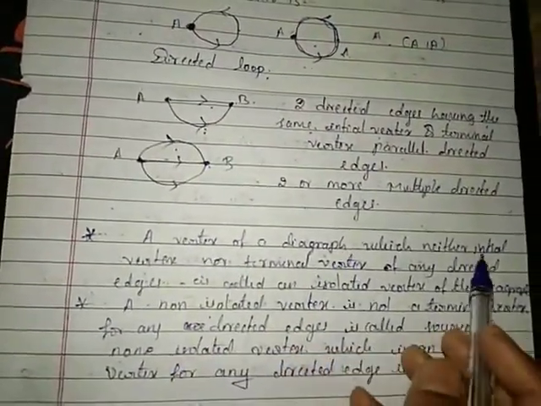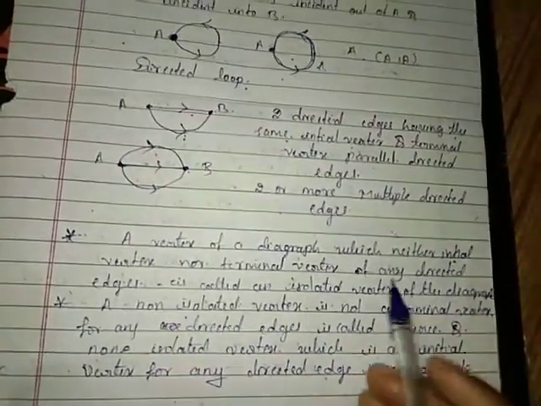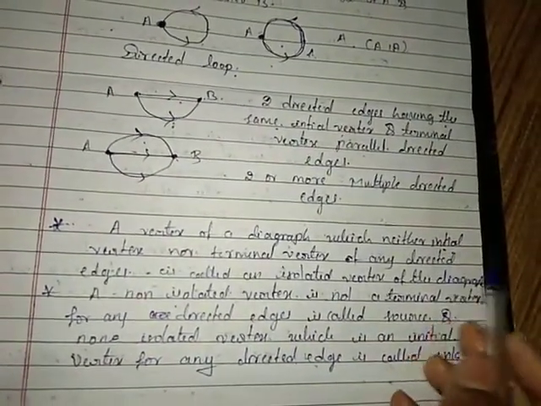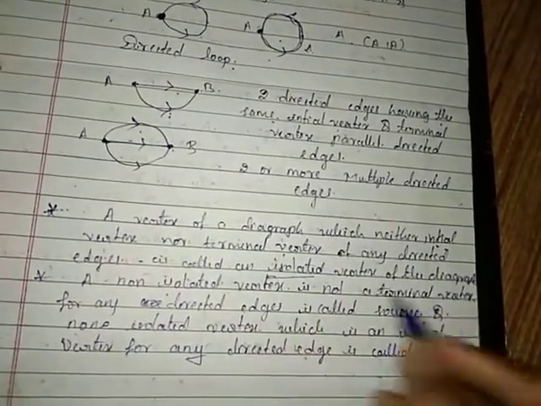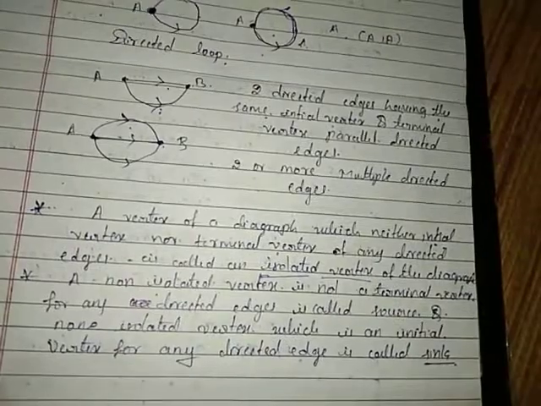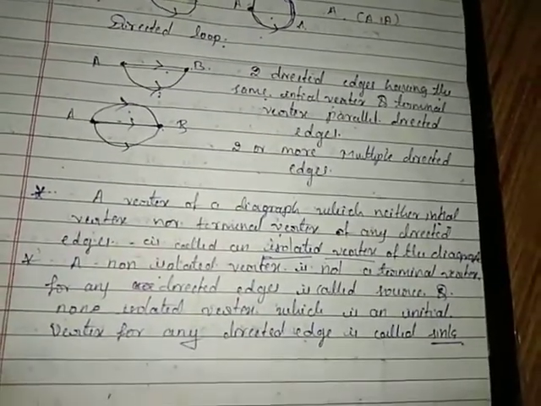A vertex which is neither an initial vertex nor a terminal vertex is called an isolated vertex. Otherwise it is called a non-isolated vertex.